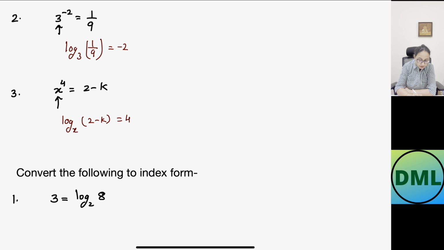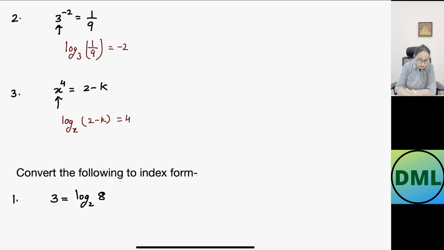That means a logarithmic form should be converted into the index form. First question is 3 is equal to log 2 of 8. We know that this 2 is the base, which will be here, and this will be the power here, and my answer will be 8. Let's write down here 2 cube is equal to 8.